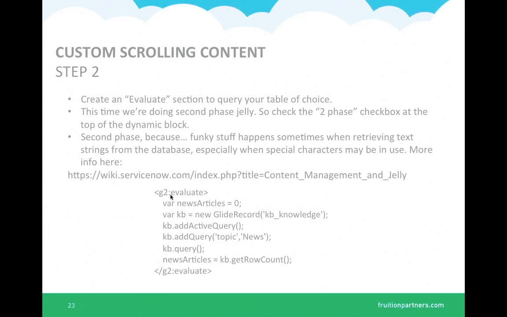So that's why we're doing this in the second phase. The jelly loads once, and then on the second load, it goes and does this query and brings back the data that we're looking for. So don't let that confuse you too much. There's more information about it in the wiki. Don't get hung up on that right now.